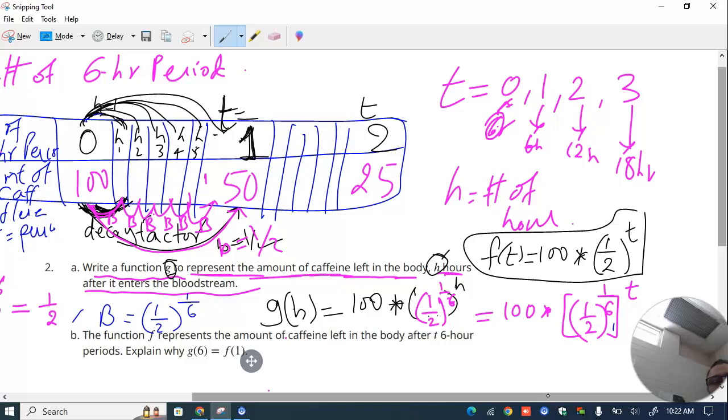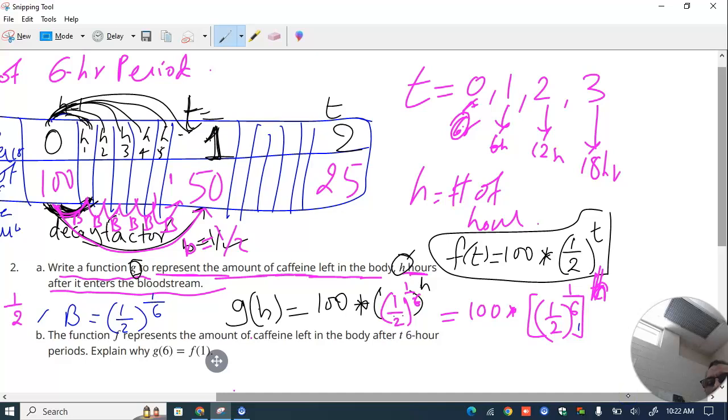But they're asking for h, so I missed that h. This could also be written as 100 times half raised to h divided by 6.